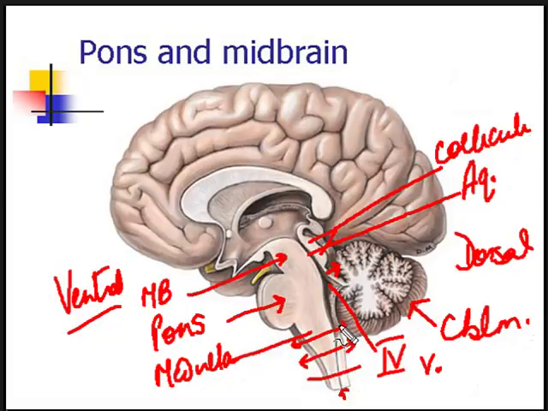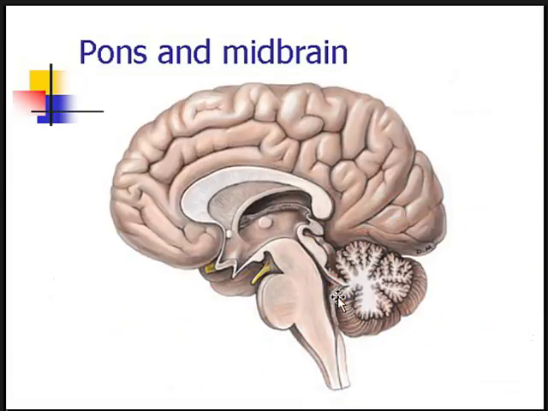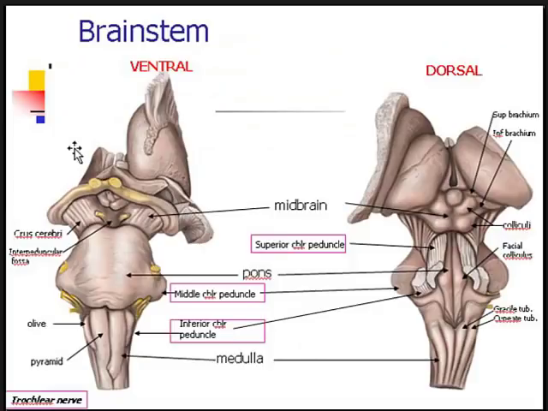Now what you must also remember is, as given in your description, make sure you go and look at the first few slides of this PowerPoint. So I'm going to go back to them. Notice that the pons, as we saw from the previous slide, is anterior to the cerebellum. It connects the midbrain with the medulla. The ventral surface is the same as anterior.